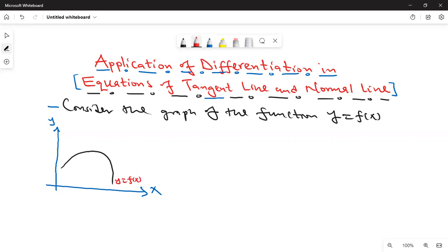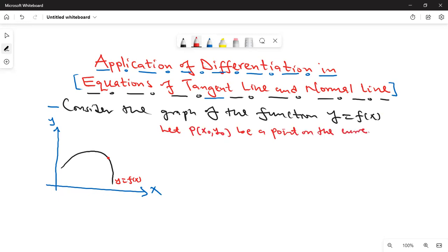So at this point, let's call it point P. You can talk of P(x naught, y naught) being a point on the curve.